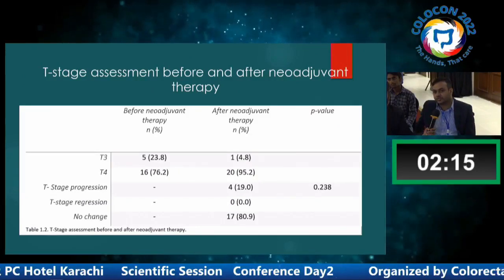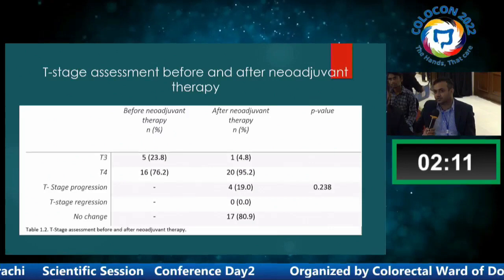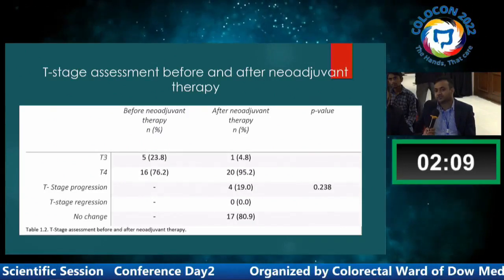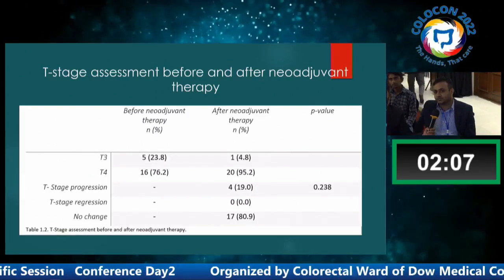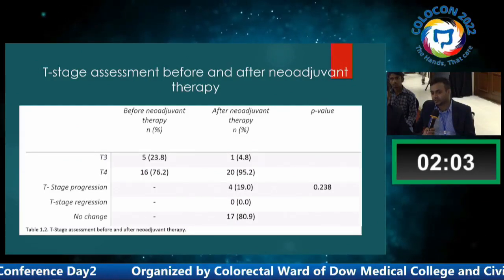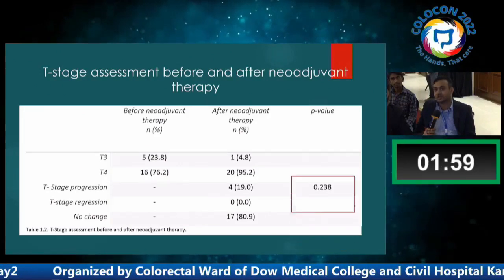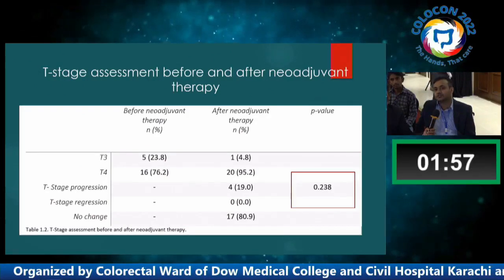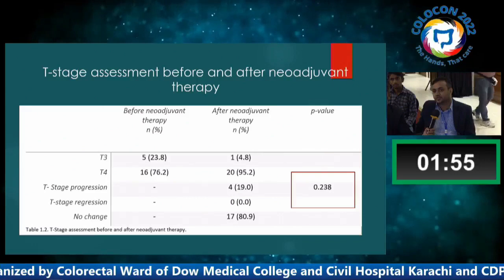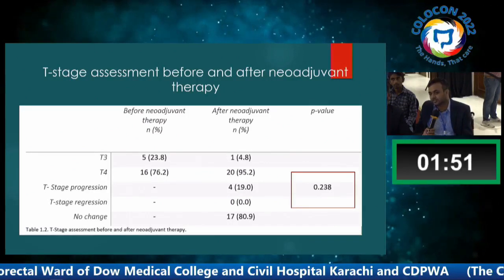Before neoadjuvant therapy, 5 patients were in the T3 group, and out of these 5 patients, 4 progressed to T4 after neoadjuvant therapy, while 1 remained in the T3 stage. And 16 patients were in the T4 group, and after neoadjuvant therapy, 20 patients had progressed from T3 to T4.